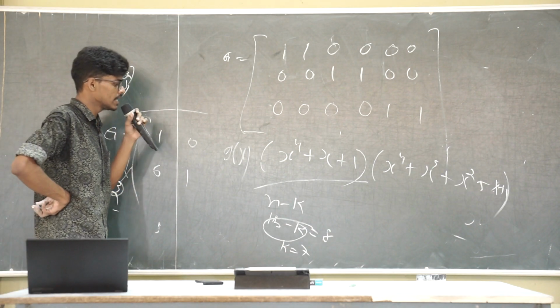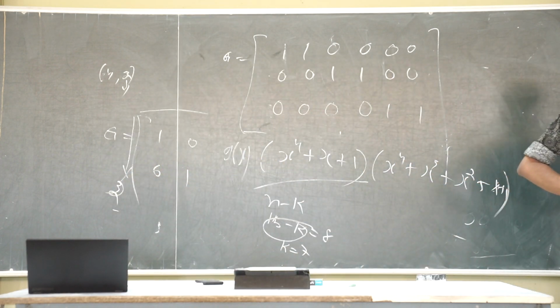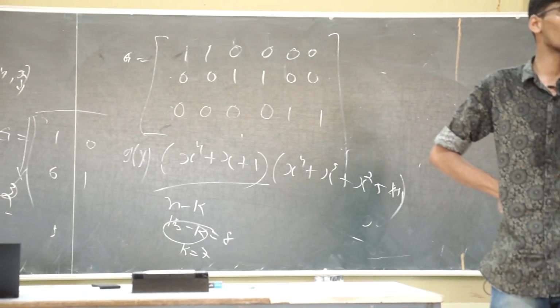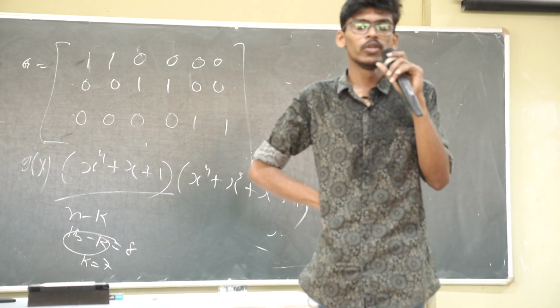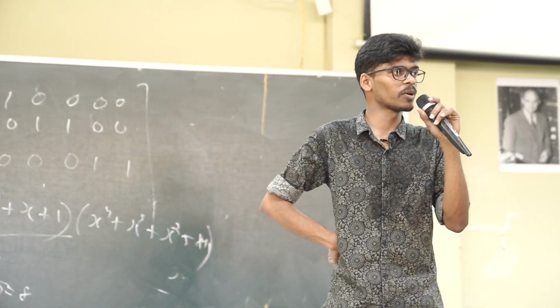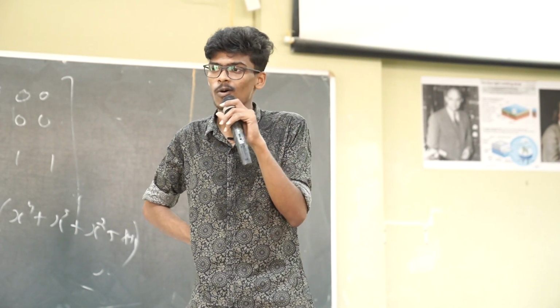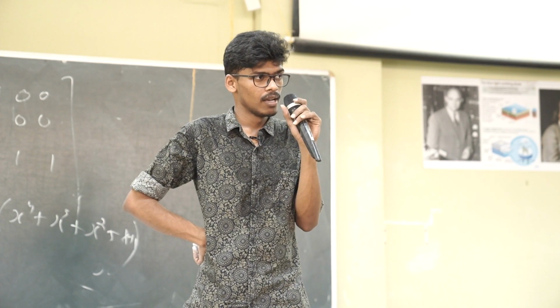And to find d minimum, is there any other shortcut? For a cyclic code, we have concluded one thing that day. For k message bits, hopefully that will be that much. If k is equal to 3, that much d minimum.